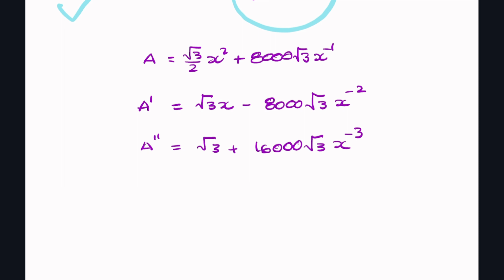And now what we do is we substitute here, we insert the value we found, which was 20, and we see whether this is a positive number or a negative number.